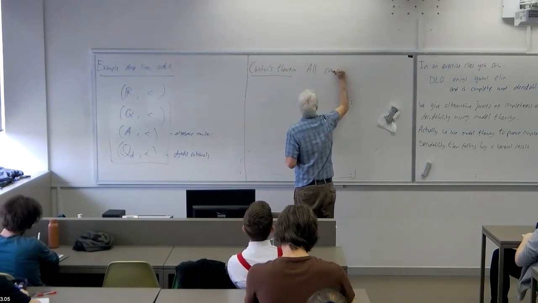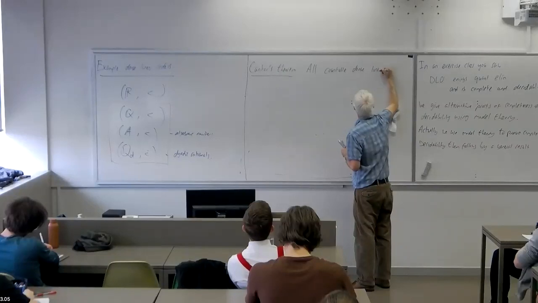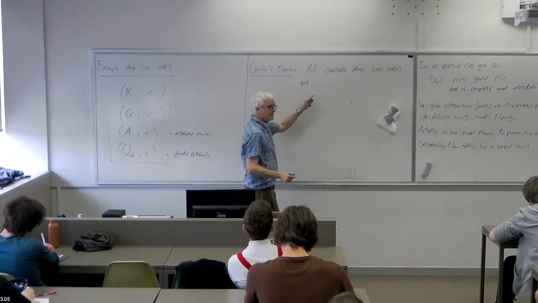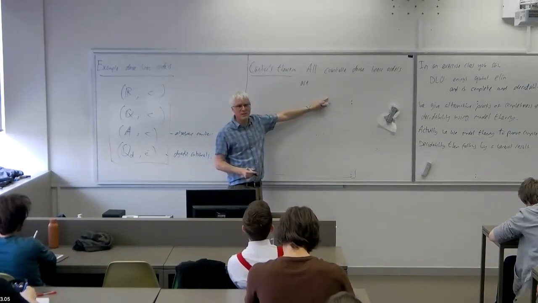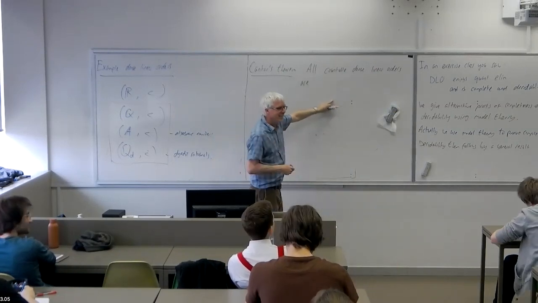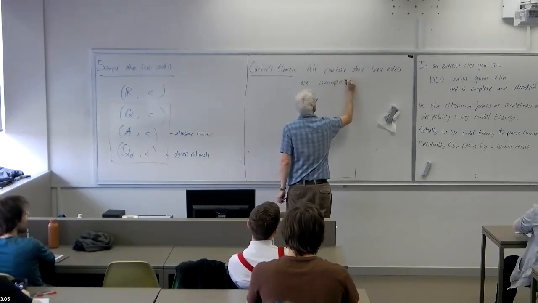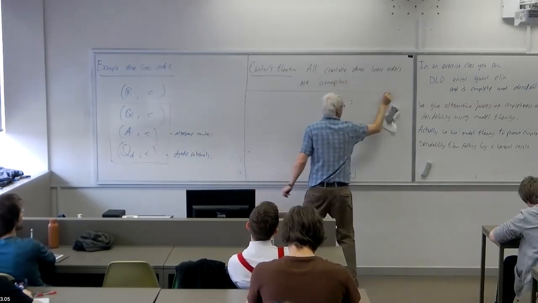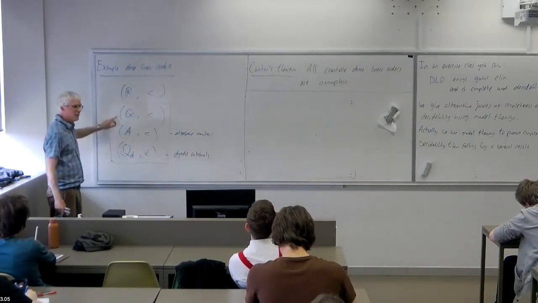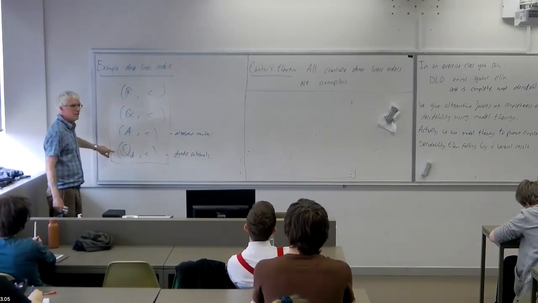All countable dense linear orders are... Can anyone guess what? There's one word to come here. Isomorphic. As ordered structures. It's not at all trivial, but these three structures are all isomorphic to each other.